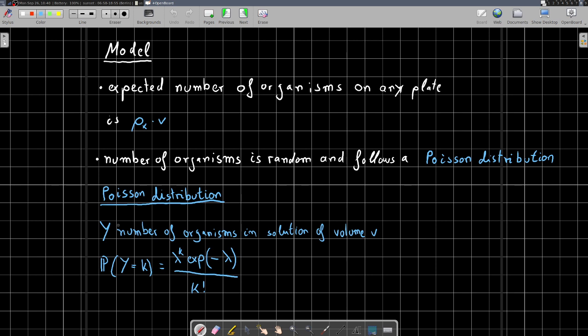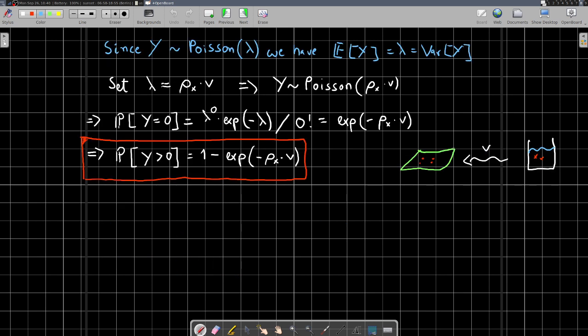So let's denote with y the number of organisms in a solution of volume V, and then we have that expression here for a Poisson distribution, where lambda, as usual, denotes the weight parameter, and k denotes the number of organisms. And in a Poisson distribution, this weight parameter also equals the variance and the expected number of organisms.